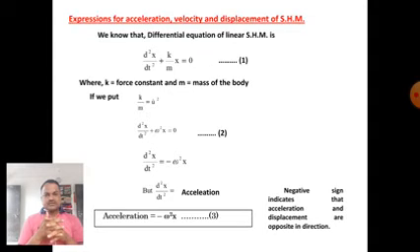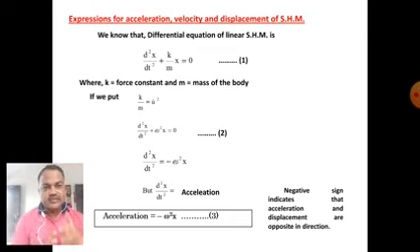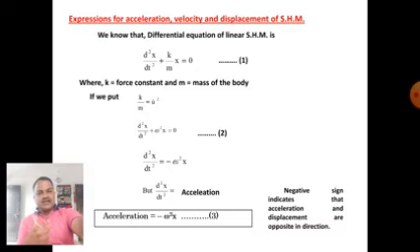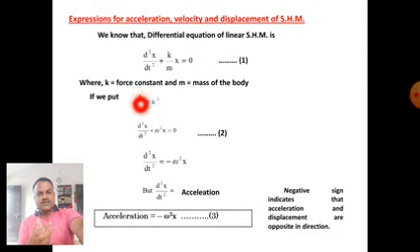As restoring force F is directly proportional to minus x, acceleration is also directly proportional to minus x, as omega square, which is k upon m, remains constant.